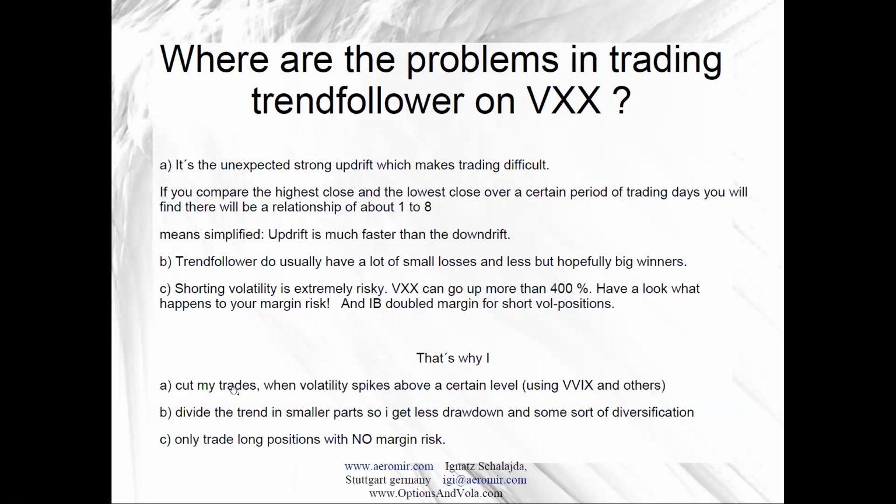That's why I cut my trades when volatility spikes above a certain level. I use, for example, the VXX and others as an indicator. And I divide the trend into smaller parts so I get less drawdown and some sort of diversification, because not all systems are trading in the same way.